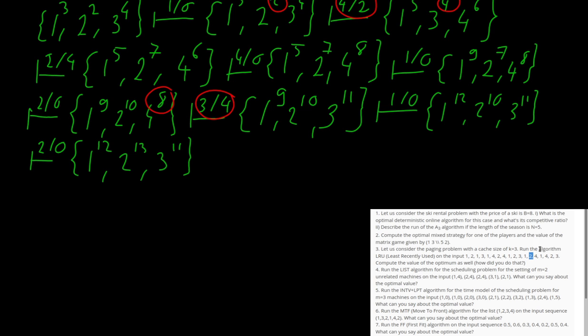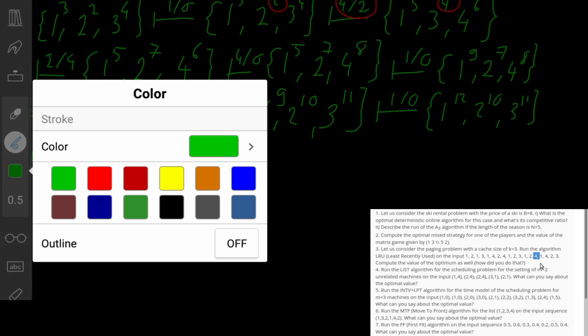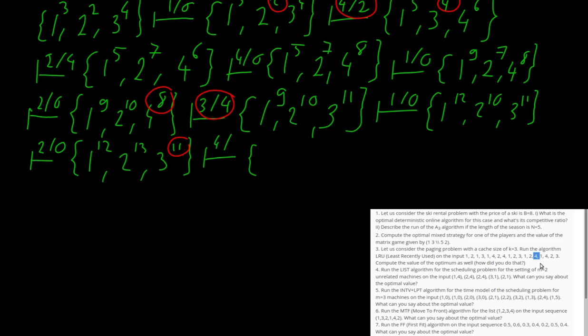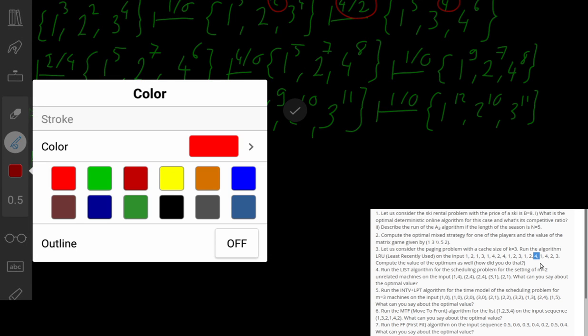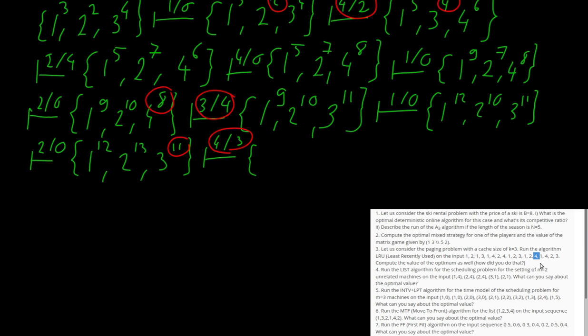Yeah, great. Now for reading in the 4, you have to discard someone from the cache, and at this point you will discard the 11 because that's the smallest timestamp, so you will discard the 3. That's great.